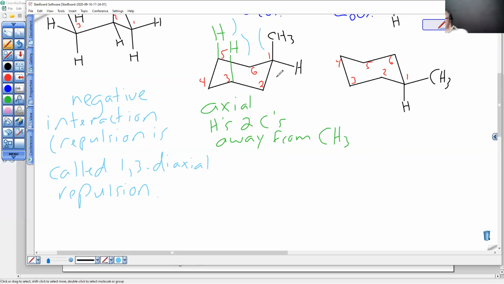And when we go from this chair to the other chair, it's going to spend a lot more time over there than here. When you're equatorial, EQ here, AX here.